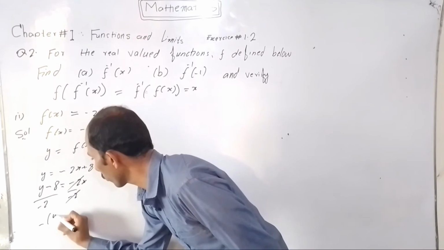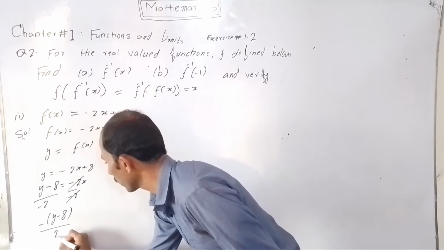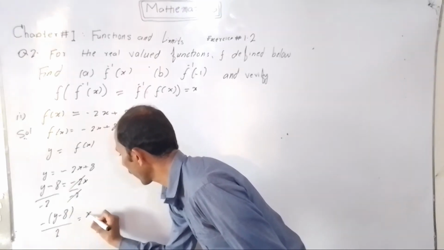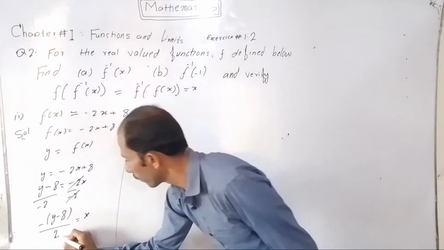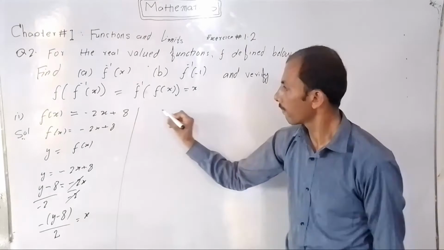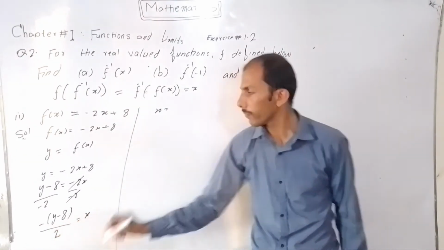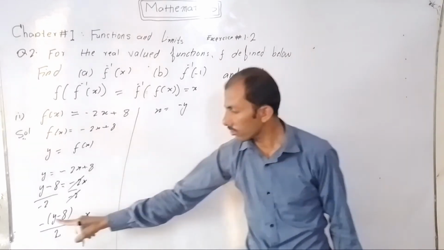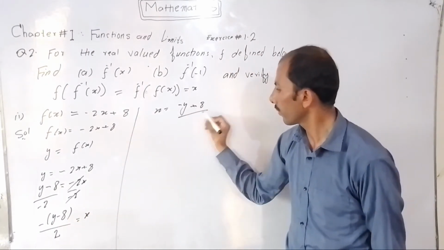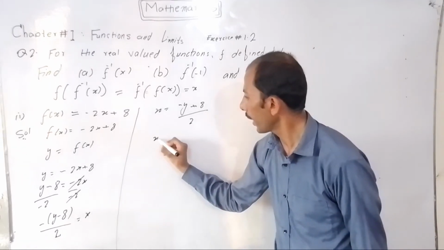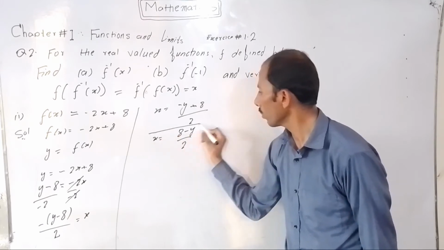So minus into y minus 8 divided by 2 is equal to x. So x is equal to minus multiply minus y, minus multiply minus plus 8, divided by 2. x is equal to 8 minus y divided by 2.